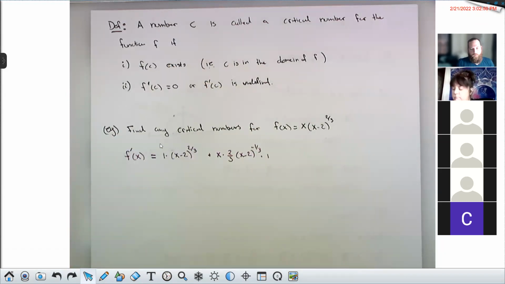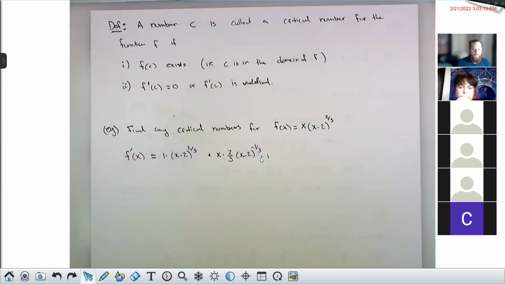Way early on, we talked about a trick for simplifying expressions like this, where you've got some term that shows up twice. One of them is to a negative power, and especially if the powers are kind of unpleasant. The trick is to factor out the largest negative power of that term. So I've got an (x minus 2) to the 2/3 here, and an (x minus 2) to the negative 1/3 here.